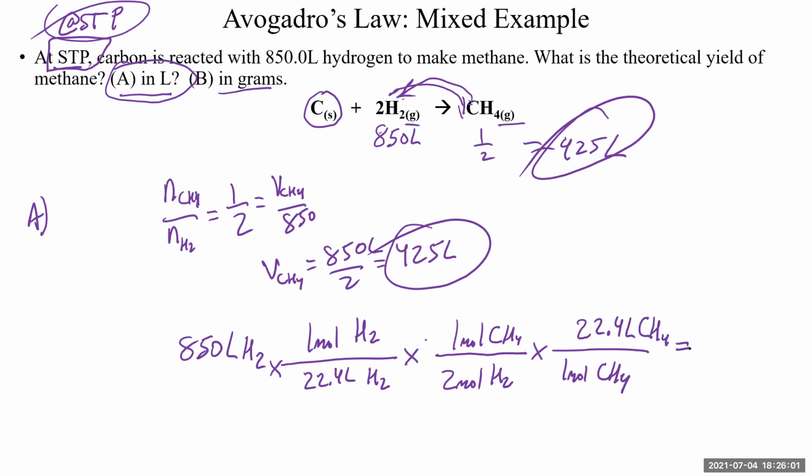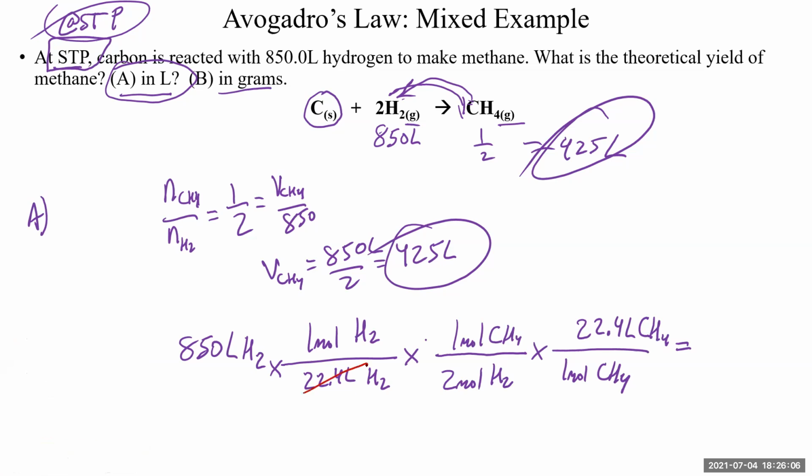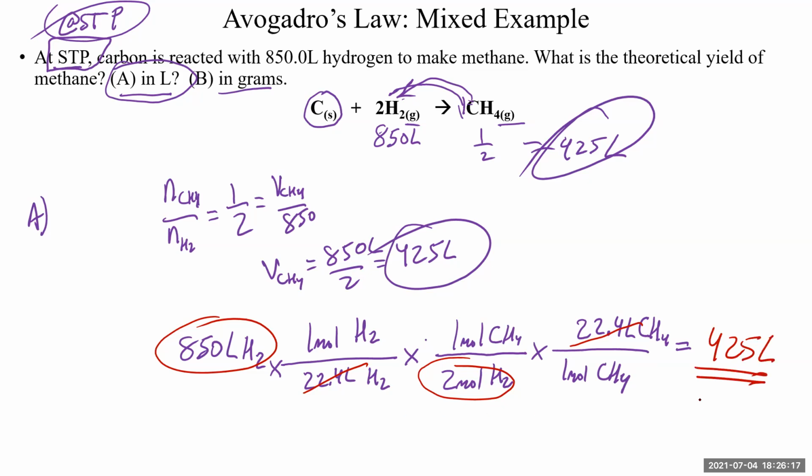And so what do I get? Well, you could go through all that and you'd find that 22.4 divides out with 22.4. I end up with 850 divided by 2, 425 liters again. But look at all this stuff I had to go through. And what if it weren't at STP?